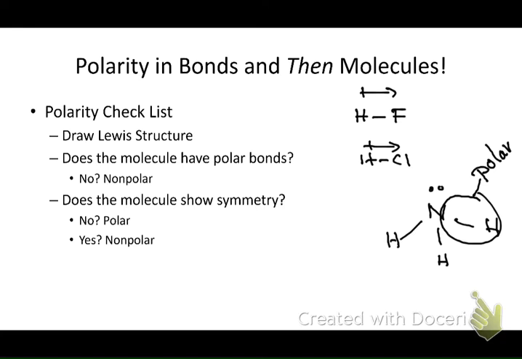The dipole goes like this, straight through the middle. So the shape of the molecule matters. If you want to know whether the molecule is polar, you have to consider shape. When you look at the shape, you can tell all the negative charge is on this end, all the positive charge is on that end. So it's important that you visualize what that looks like.